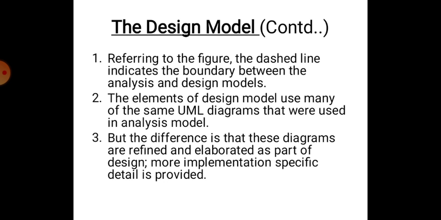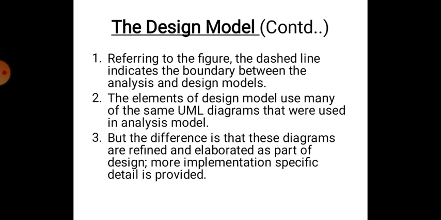When you refer to the figure that you have seen in the previous slide, the dashed line indicates the boundary between the analysis and the design model. Students, you have seen in the previous slide the dimensions of design models. The horizontal dimension is the process dimension and the vertical dimension is the abstract dimension.